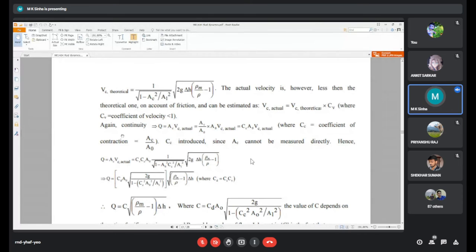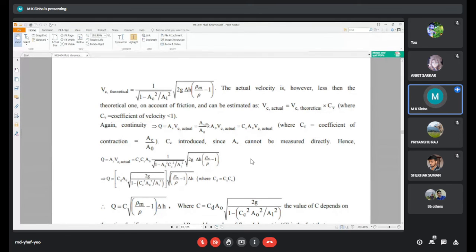Please see. From the continuity equation, discharge is the vena contracta area times the vena contracta actual velocity. So the vena contracta area divided by the area at the minimum, A naught, times A naught, gives the same times the velocity at the vena contracta actual.